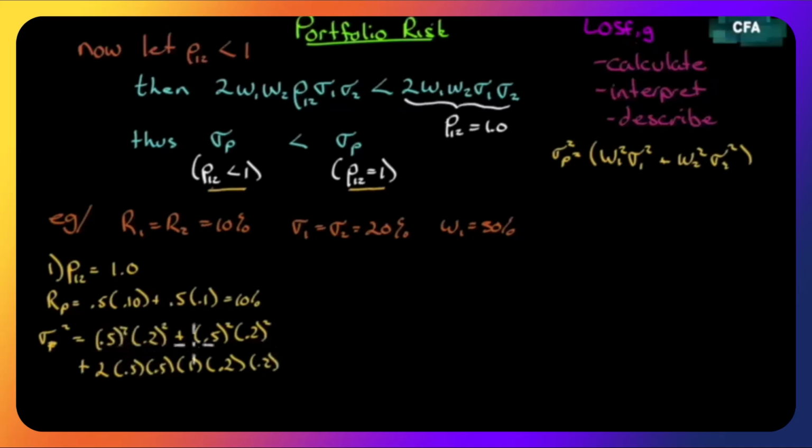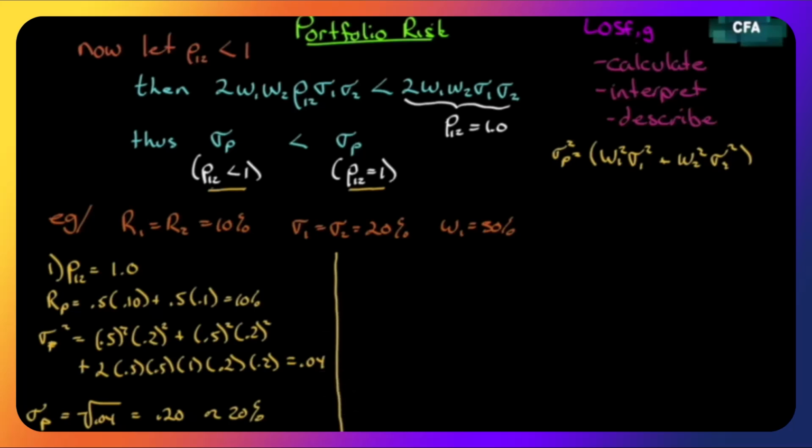So the first two terms come to 0.02. The last term here comes to 0.02. The whole thing comes to 0.04. So if we want to find the standard deviation of the portfolio, we just take the square root of 0.04, and that will give us 0.20 or 20%. Look at the two assets. They equal 20%. We get 20% with a correlation of 1. Okay, great. That sets up our baseline.